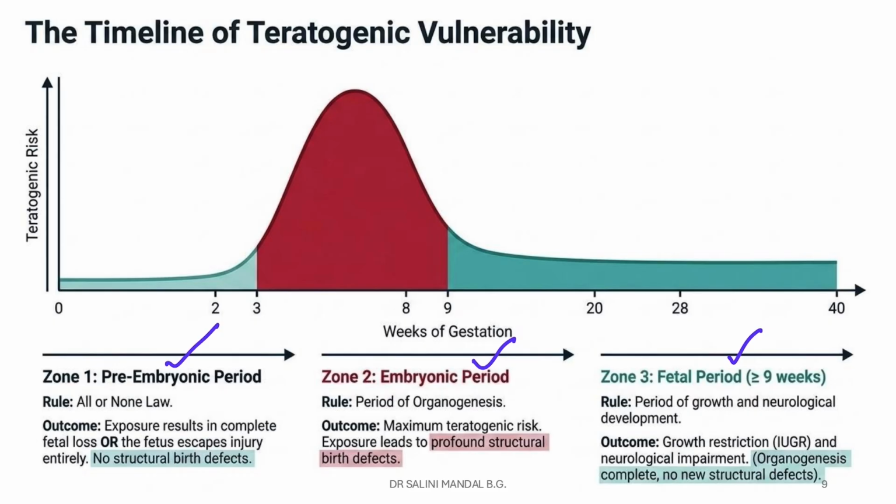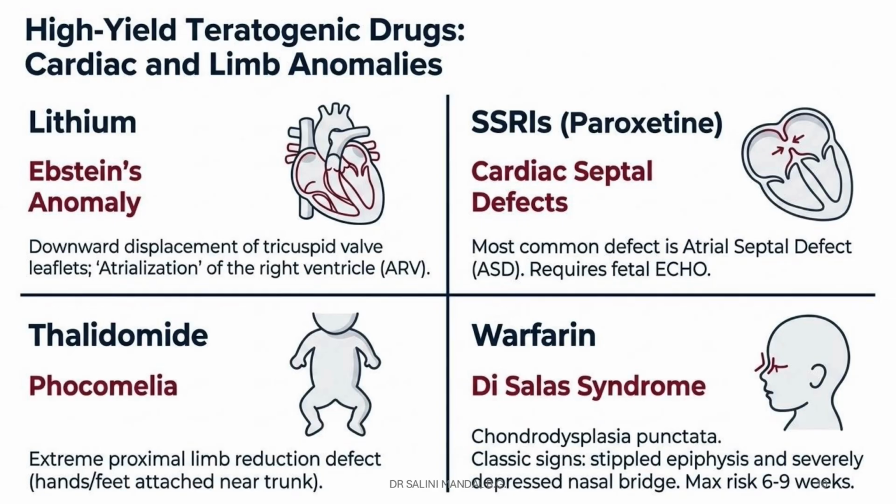The third one, the fetal period, is after 9 weeks. That is the time when growth and neurological development occurs. So growth restriction or growth impairment will occur, as well as neurological impairment. No organogenesis, because it is already completed, right? So no new structural defects over here. Just remember these as pointers.